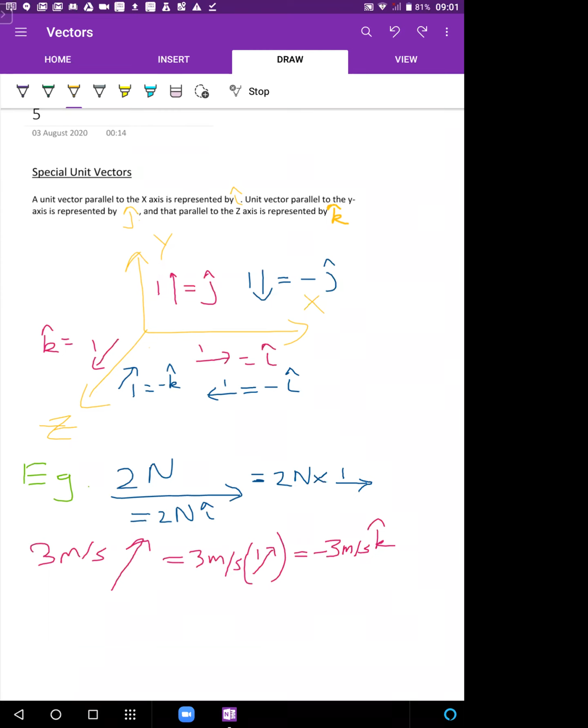In fact, these 3 lines are mutually perpendicular. सब एक दूसरे के साथ 90 डिग्री वाले एंगल पे है. ध्यान से देखो. Everything is perpendicular to the other. If of course your house is like normal houses, all angles will be 90. So these lines are mutually perpendicular, आपस में perpendicular. इसको बस render किया है 2D में. So whenever you draw a diagram like this, that's just a rendering. That's just a way of drawing something which is 3-dimensional in 2 dimensions.